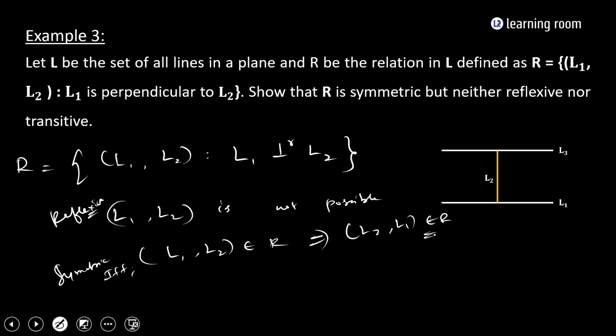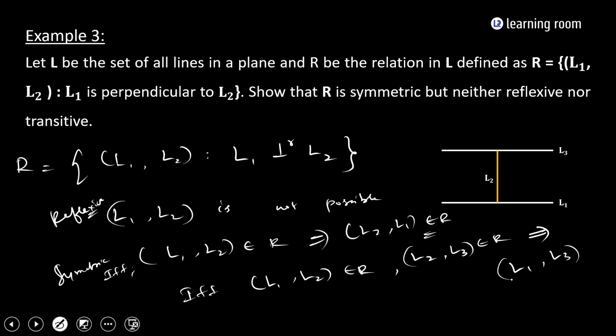But why is transitive failing? If I have L1 comma L2 that belongs to R, for transitive I need to take 3 lines. If L1 comma L2 belongs to R, and L2 comma L3 also belongs to R, is it going to imply that L1 comma L3 will belong to R?